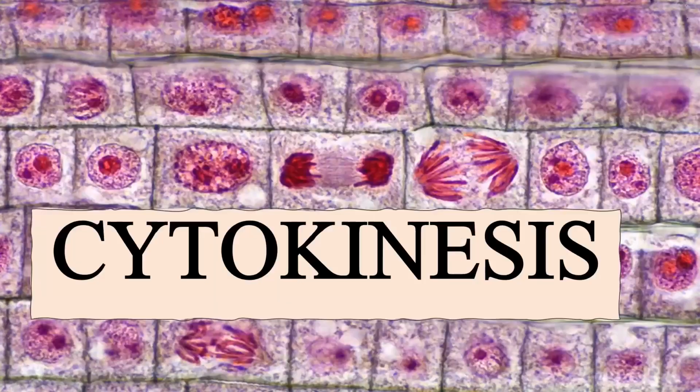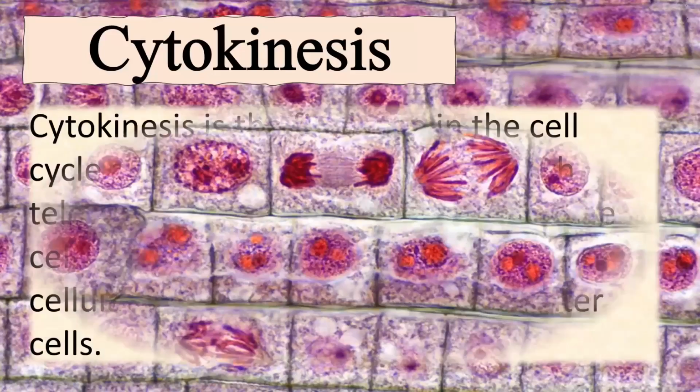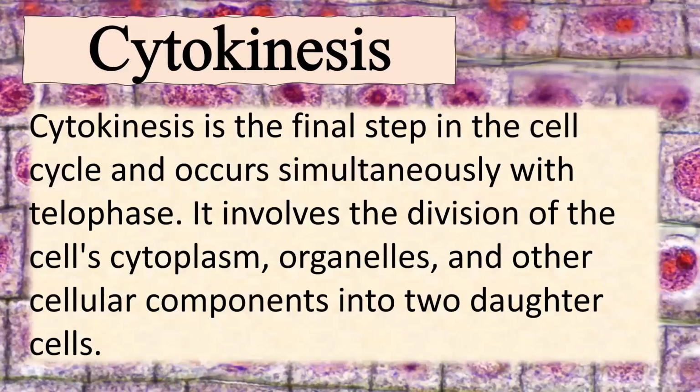In cytokinesis, cytokinesis is the final step in the cell cycle and occurs simultaneously with telophase. It involves the division of the cell cytoplasm, organelles, and other cellular components into two daughter cells.